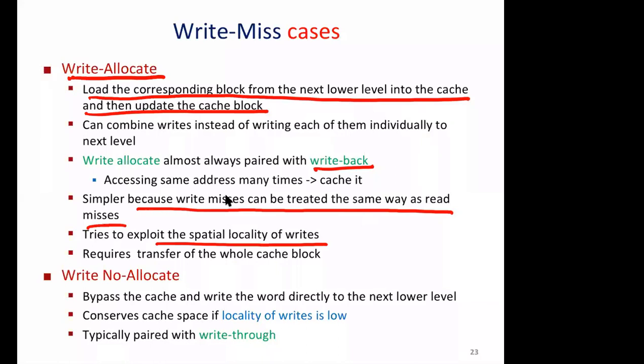The second is write no allocate. It means that when the processor wants to write into main memory, just don't bring the block to the cache. In the first case, we allocated one block, brought it from main memory to the cache, and updated it. Here we are saying don't use cache at all, bypass cache and write directly into main memory.